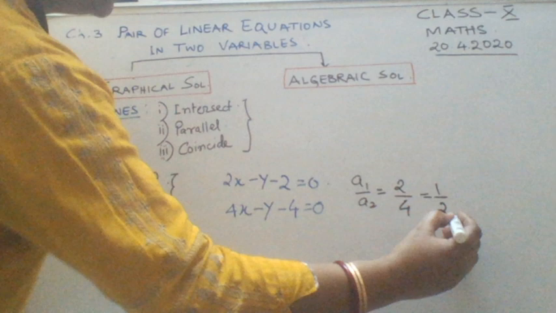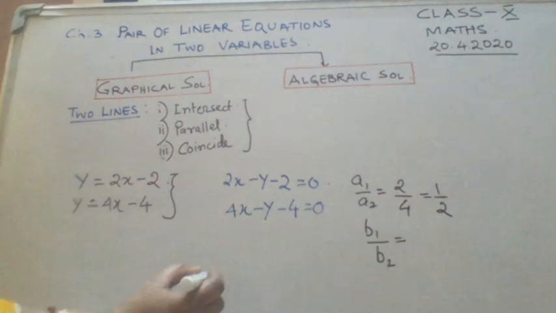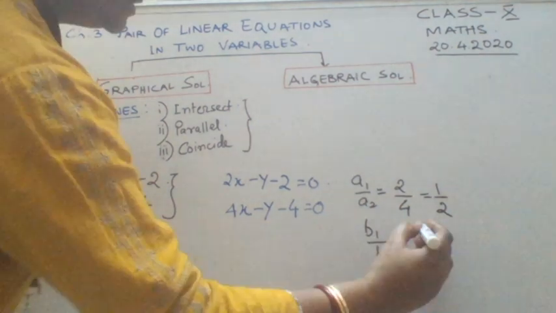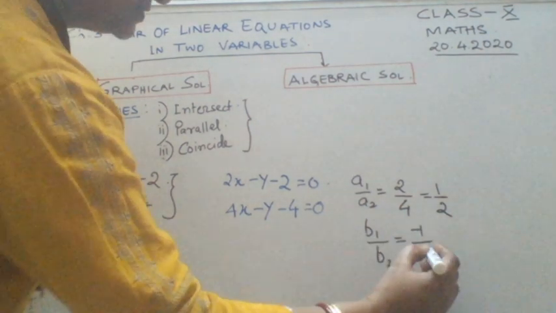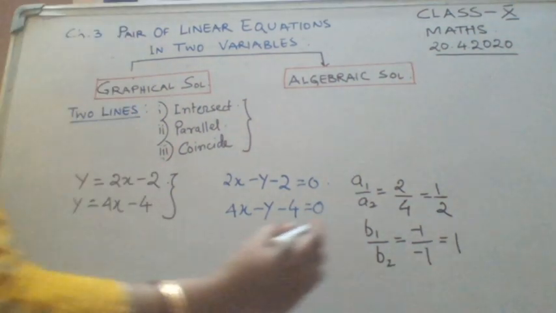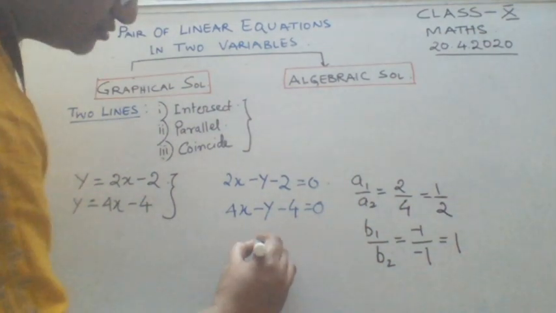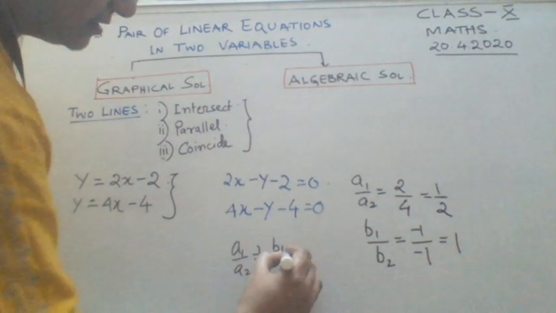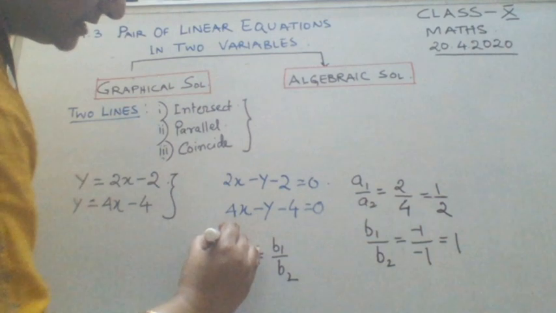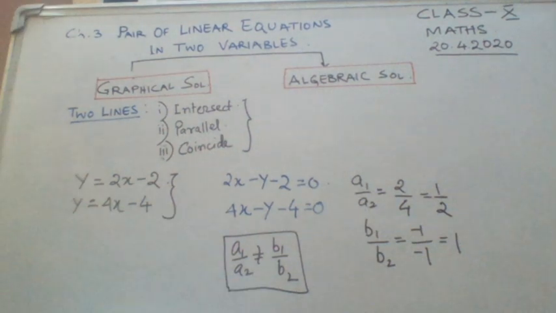And your b1 upon b2 is equal to minus 1 upon minus 1, that is equal to 1. Okay, so a1 upon a2 is not equal to b1 upon b2. That means we are going to have what type of graphical solution? Please type that. Please let me know.